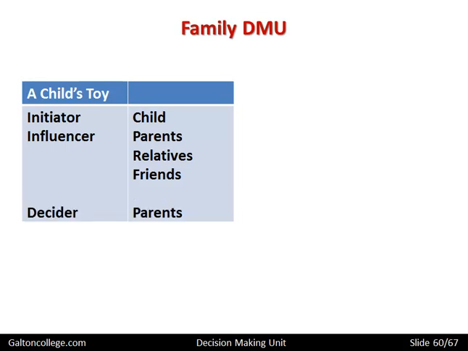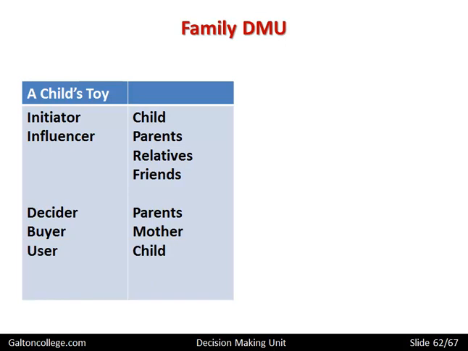The decider will be the parents. They decide whether to buy it or not. So they are the deciders. And the buyer may be, let's say, the mother, who decides to buy the toy and give it to the child. So that's the buyer. And the user, well, the user will be the child.